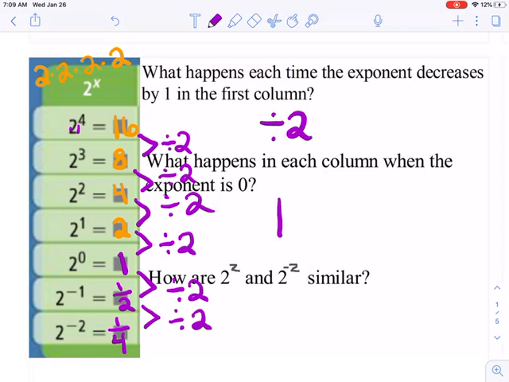The other question they're asking us to examine, we're going to do one more example looking at patterns here. They said, notice how 2 to the 2nd, which is right here, and 2 to the negative 2nd are similar. Well, 2 to the 2nd is 4, and 2 to the negative 2nd is 1/4. We'll talk about this a little more later, but their answers are reciprocals of each other.